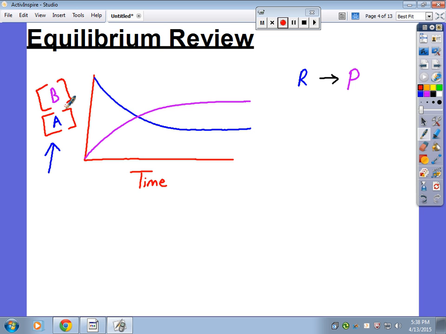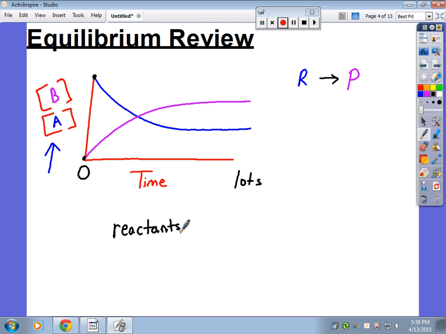How do I know that? Well, if this is time 0, and this is time lots of times gone by, what's true at time 0? I have something of the blue line, don't I? What do I have at purple? I have nothing. That means my reactants, don't I start with reactants? Right?